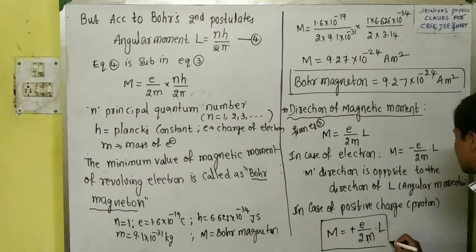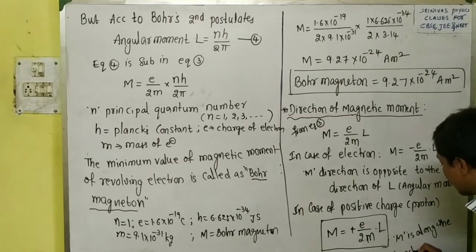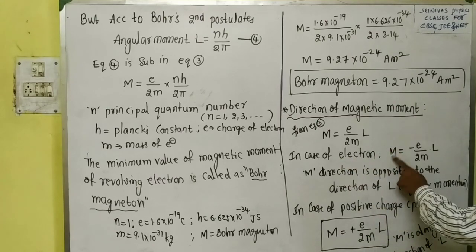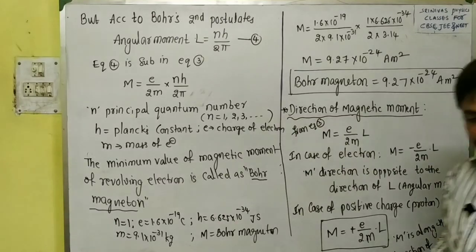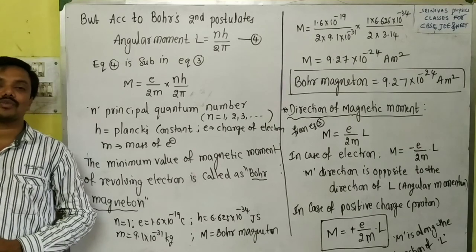In this case, capital M is along the direction of L. Angular momentum is in some direction, and magnetic moment is also along the same direction. For the positive charge, M and L have the same direction. For the negative charge, M and L have opposite directions. Right? This is about the magnetic dipole moment of the revolving electron.